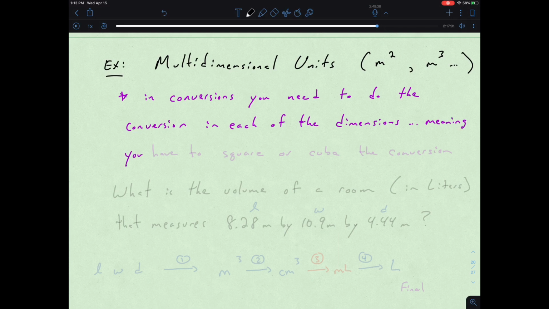Meaning, you have to square or cube the conversion to be correct. So let's look at an example of this.